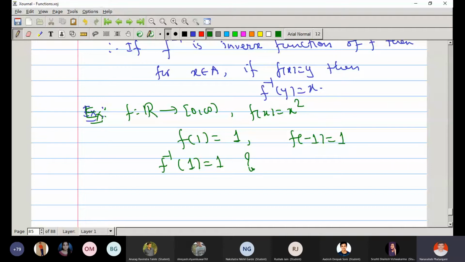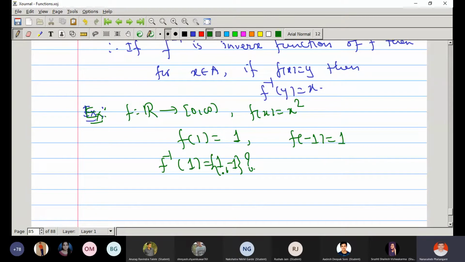Then what are the choices for f inverse of 1? 1 and minus 1. But is it possible to have two images for the same point in case of a function? No, sir. Right? And therefore, in this case, f inverse is not a well-defined function because there are two possible choices.